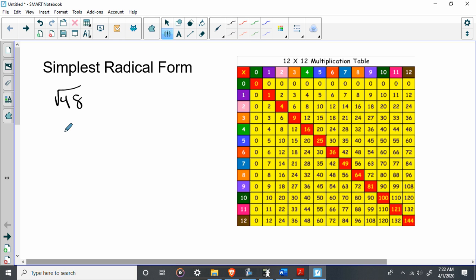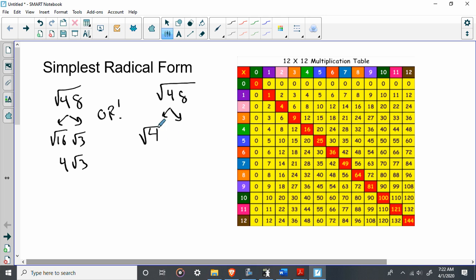Either you could right off the bat say radical 16 times radical 3 and say that the square root of 16 is 4, so it's 4 radical 3, or radical 48 is 4 times 12, yeah?